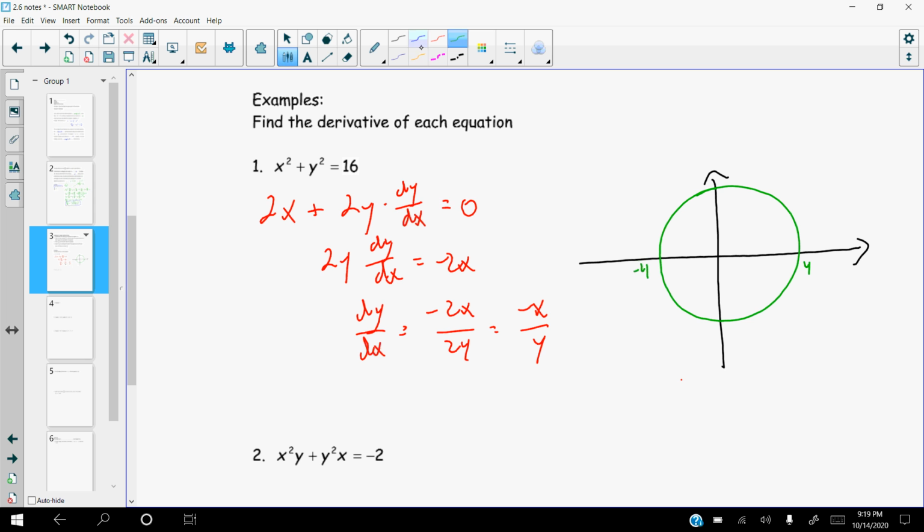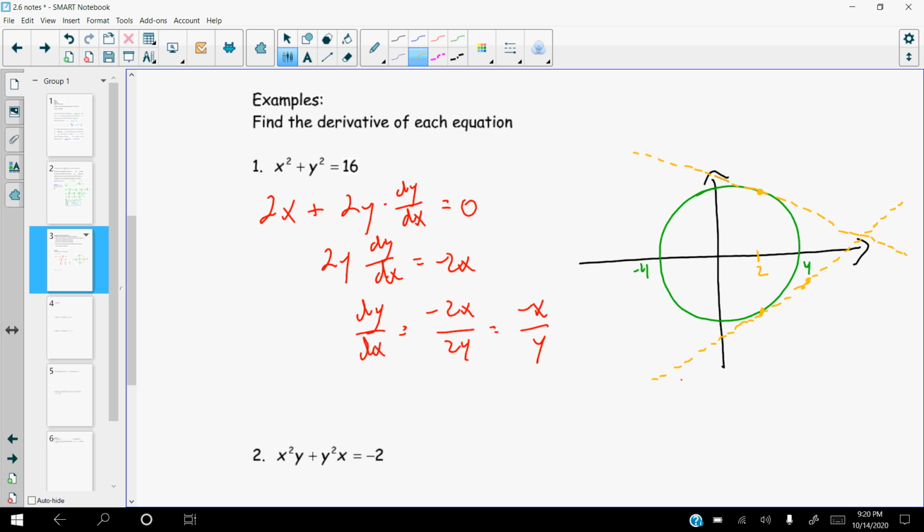The idea behind what I was trying to get across here is, normally, if I was to say, okay, what's the slope when x is 2? If I go out to x is 2, and go up here, the slope of this thing is going to be whatever the slope of that tangent line is right there. However, there's another place on this circle when x is 2. It could also be down here, which means that the slope is going to be different at that particular spot.